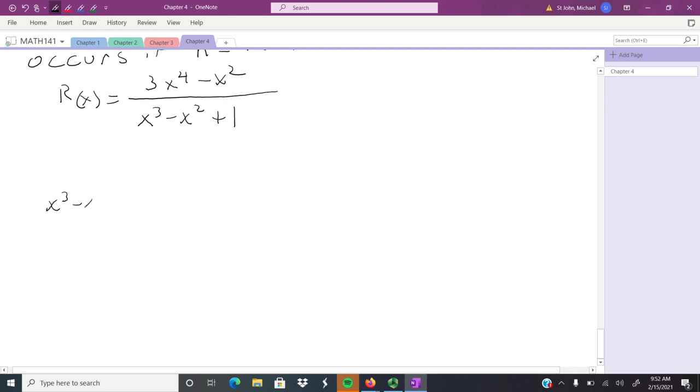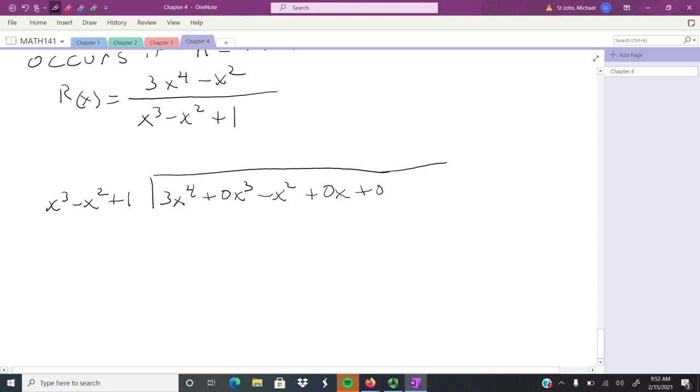So you get x cubed minus x squared plus 1. We're going to divide that into 3x to the fourth, plus 0x cubed, minus x squared, plus 0x, plus 0. So we're going to put in the 0x cubed, 0, and fill in the missing places. So we're going to do division.